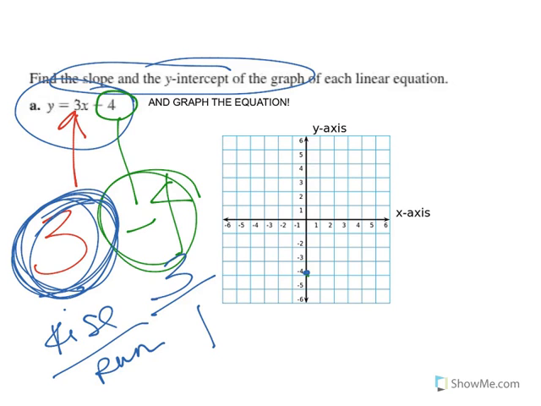So our rise is 3, our run is 1, which means from the point that we made at -4, we're going to count up 3, so 1, 2, 3, and over 1, okay? It's a +3, so our slope needs to go that direction. So we need to go up 3 and over 1 to the right, so that we then have a line through those 2 points.